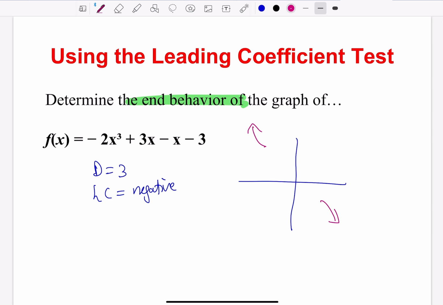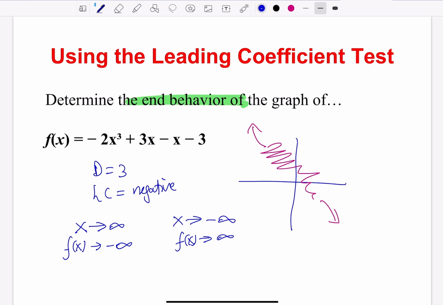And of course, there are going to be twists and turns in the middle. We don't know what that is going to be, but I'm just thinking about the end behavior right now. The end behavior is: when x becomes really, really large positive, y becomes really, really large negative. When x becomes really large negative, y becomes really large positive.